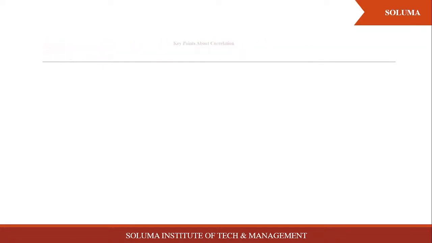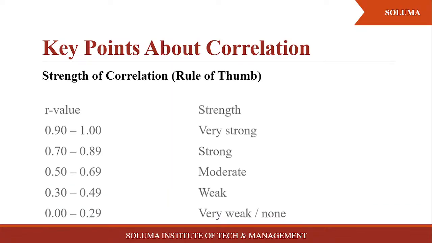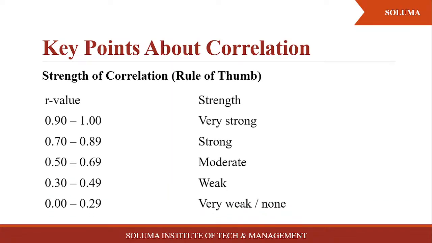And then we look at the key points as regards the strength. We are able to establish various ranges which we can use in our interpretation of the strength of the correlation, where we have that 0 to 0.29 is a very weak one or none.